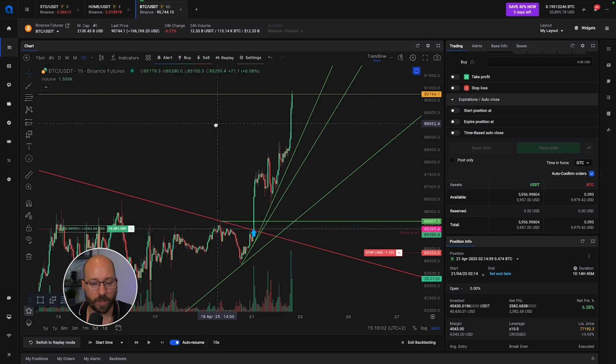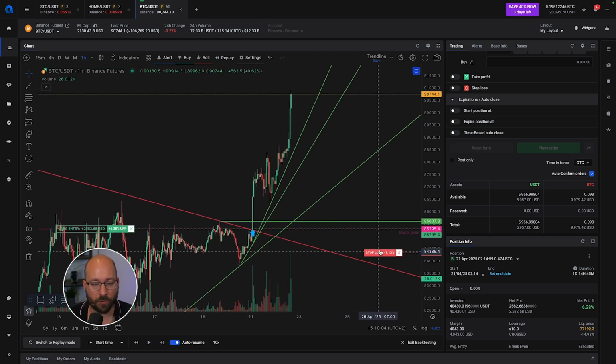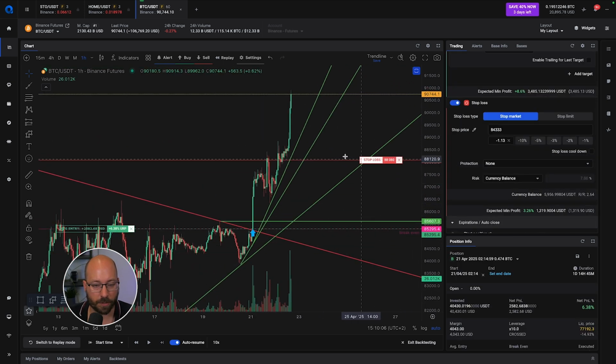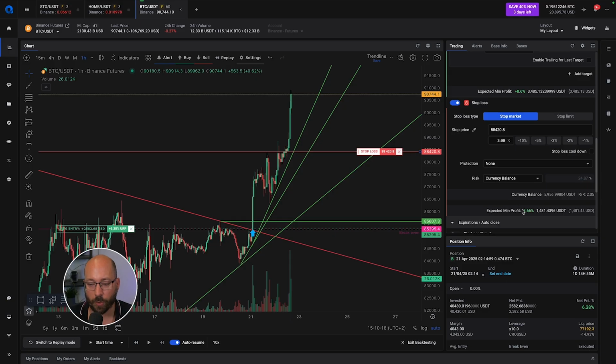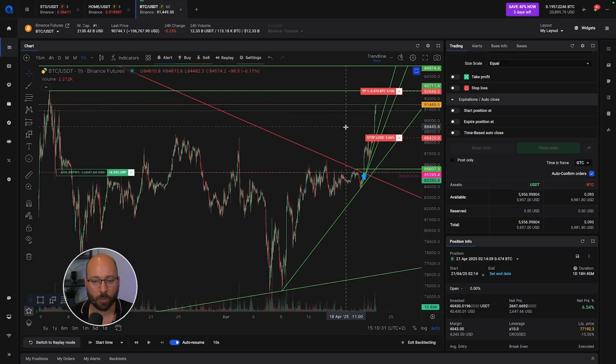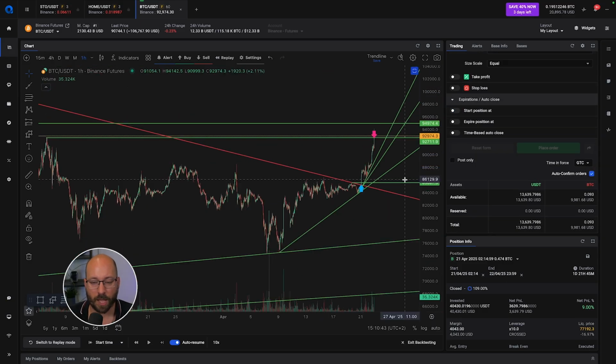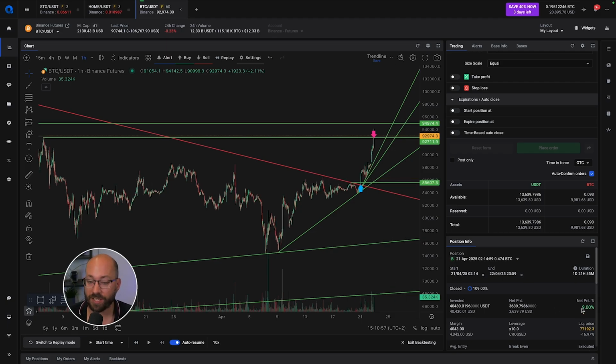Now what we can do in this case is we can actually already move our stop loss higher. Because if it now breaks down to this safety line, then we want to get out and lock in our profits, giving us already a nice 3.6% profit. Price continues to move up and actually hit our profit target, giving us a nice 9% profit on this trade.